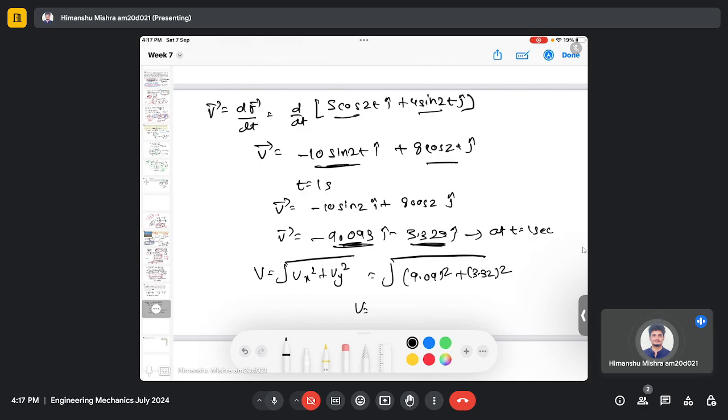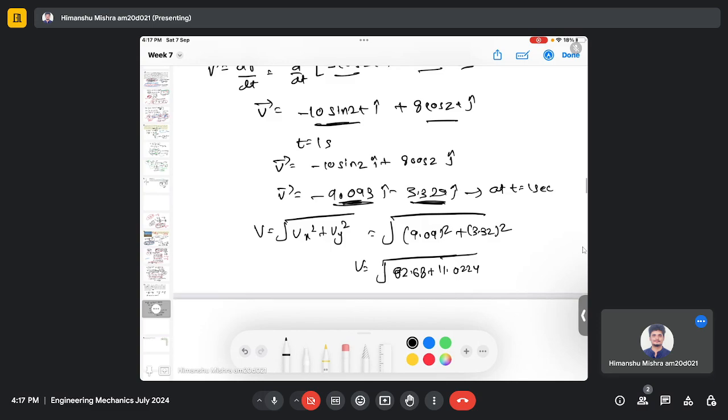Then my velocity will be 9.68 meter per second.